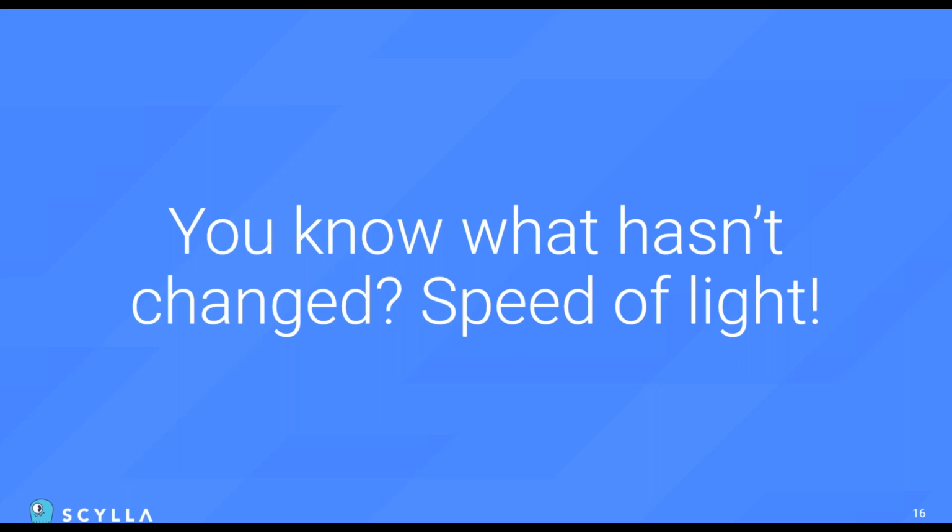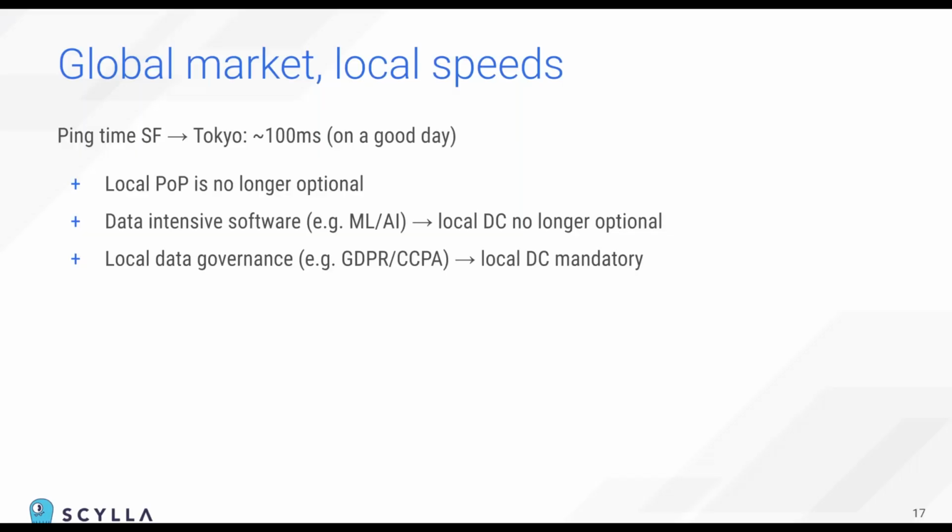Maybe in a single data center it doesn't matter so much because the distances are very small. But when you're talking about global infrastructure, this really matters. The ping time from San Francisco to Tokyo, for example, is 100 milliseconds on a good day. Usually it's around 150 milliseconds, sometimes even longer. It fluctuates more or less.